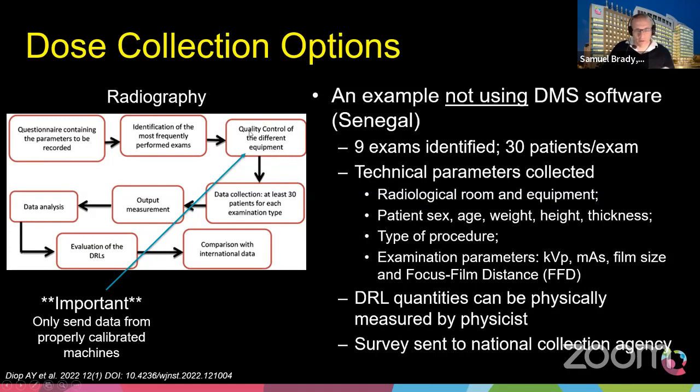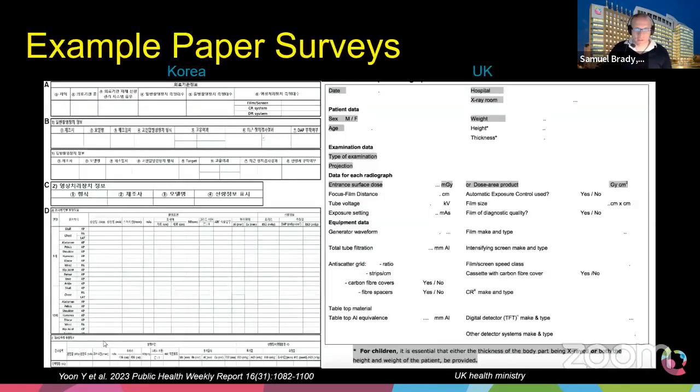So we do the proper testing. The physicists, the engineers, they do the proper testing for the quality control of that machine. It's important that we send good data to the national repository for calculations. If you have a machine that is systematically skewed too high or maybe too low, it doesn't help the national data collection and calculation for DRLs.